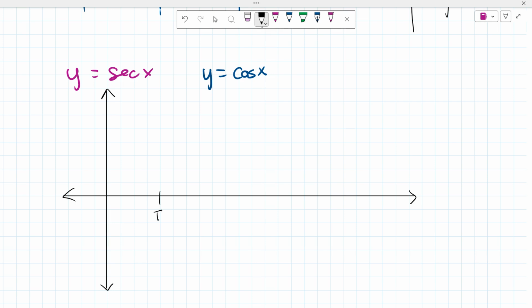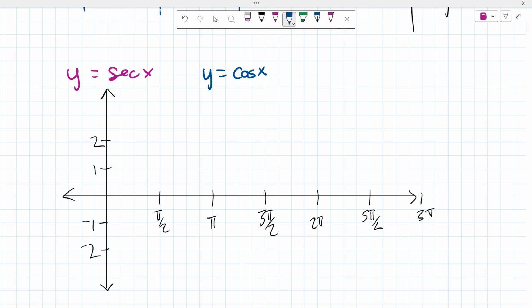So we got pi over 2, pi, 3 pi over 2, 2 pi, 5 pi over 2, 3 pi, 1, 2, negative 1, negative 2.